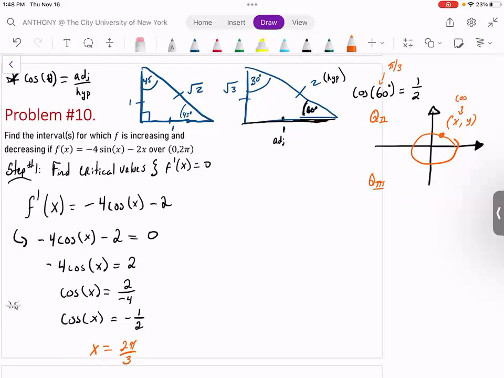Now, if you look at an angle in quadrant 3 to have a reference angle of 60 degrees, well, it can't be 3 pi over 3 or pi, because if you're at pi, then you're essentially on the x-axis, which is not helpful. So you add another 60 degrees. Well, 180 plus 60 is 240. So a 240-degree angle, well, think about it. How many pi over 3 is that?